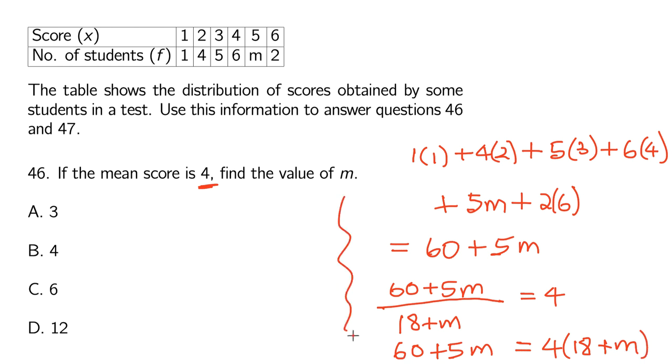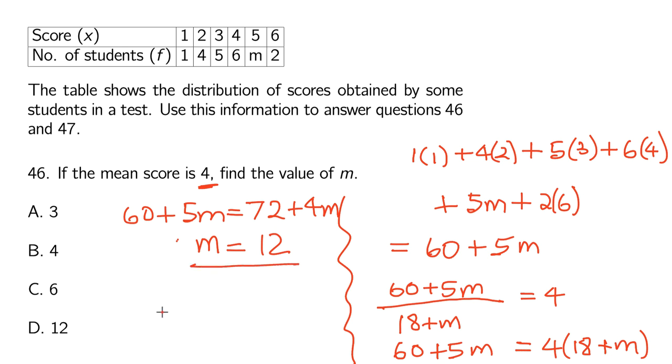So we can simplify 60 plus 5m equals 4 times 18, which is 72, plus 4 times m, 4m. Then we can group like terms, so we get m equals 12, and therefore our answer is D.